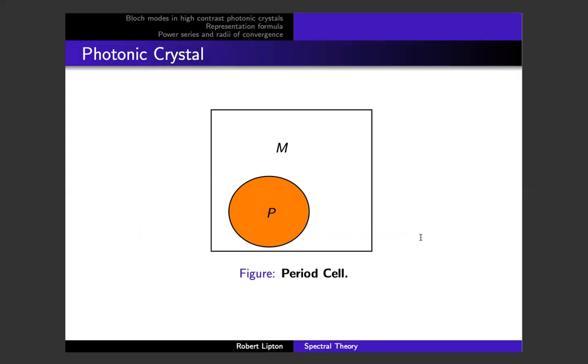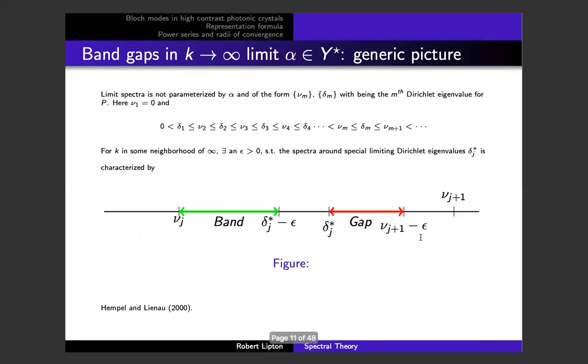So to fix ideas, I'll just put in one scatterer in our unit cell. It's easier to think of it that way. And what's going to be very interesting here is the Dirichlet spectra of the domain P, so the Dirichlet eigenvalues. That's going to play a huge part in understanding this. So here's what happens.